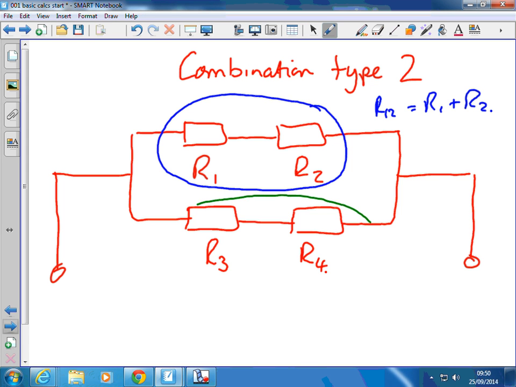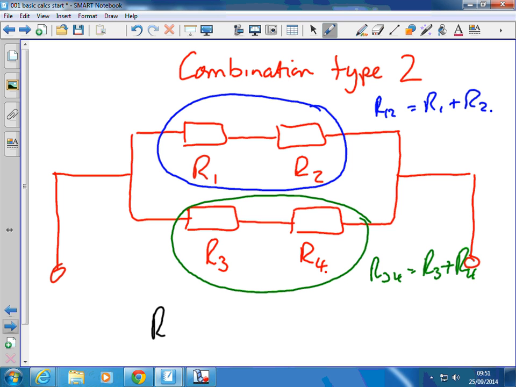Calculate the total of these two. R34 is equal to R3 plus R4. Yeah. And then RT is the two results added together. R12 plus R34.